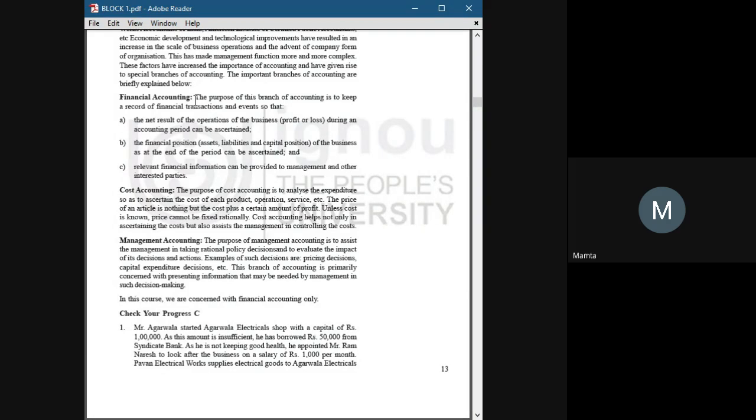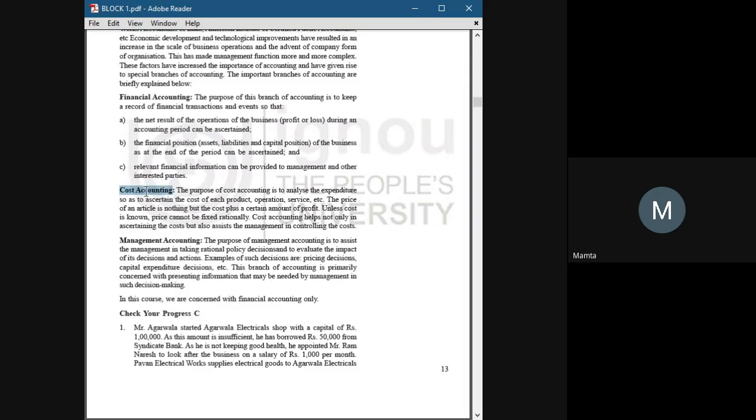To ascertain the profit and loss of a company, we prepare financial accounts: profit and loss account, balance sheet, trial balance, ledgers. All these accounts are related to financial accounting.